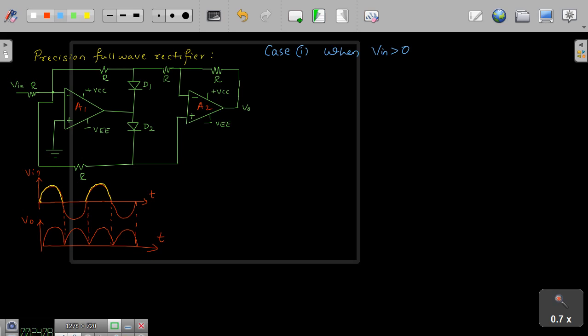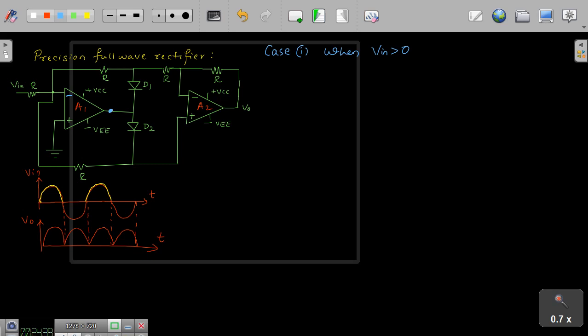right? So now please try to apply your mind here to understand this. When V in is greater than 0, what happens? The inverting side, the first operational amplifier, will force its output, A1, to go to the negative side, obviously, because it is an inverting amplifier.